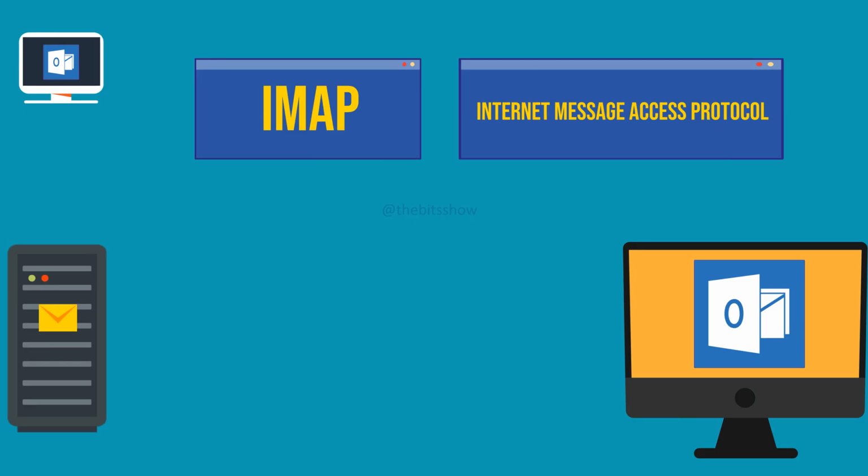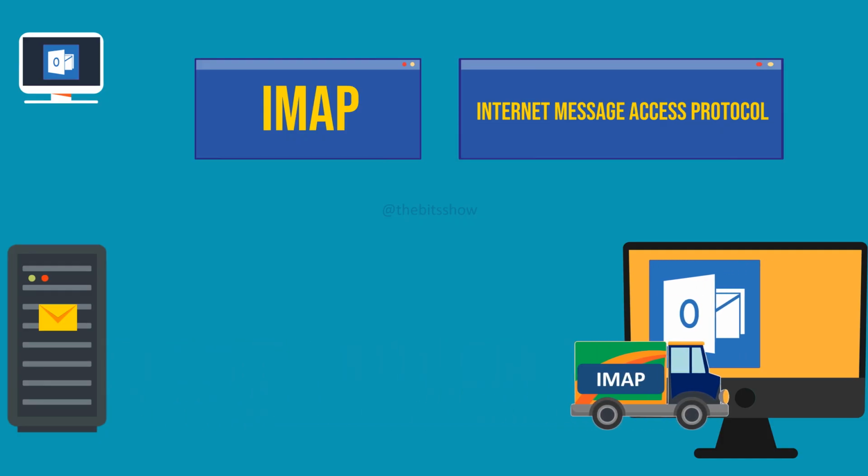Unlike POP3, IMAP keeps your emails stored on the server, enabling access from multiple devices. IMAP synchronizes your mailbox across devices, ensuring changes made on one device reflect across all others. It doesn't download emails by default but caches them for viewing, requiring an internet connection to access.